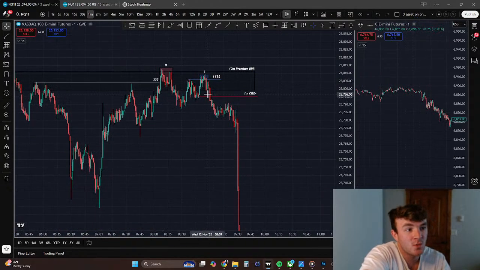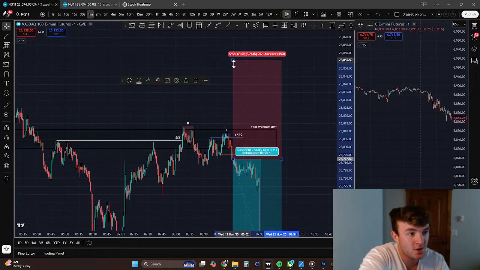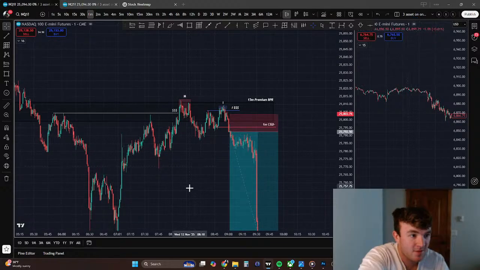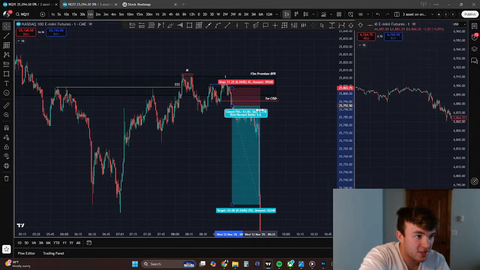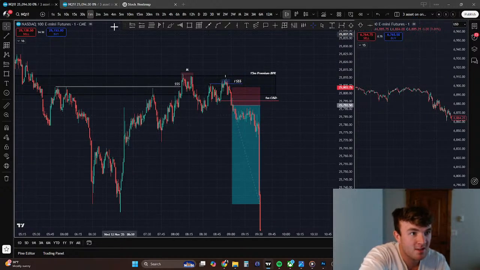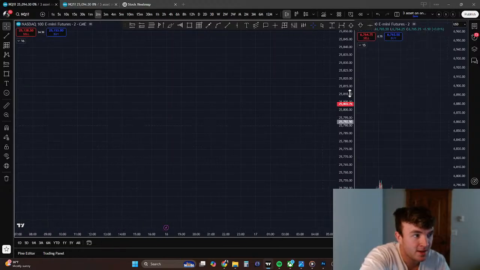When we get this displacement break of this low, I think this is how you probably need to take it. Once we break this low with displacement, you enter on the close. So now we have a 15-minute BPR here, and then a 1 minute change of state. When you see this, it's very obvious. Now you could even wait for a higher time frame one, actually.